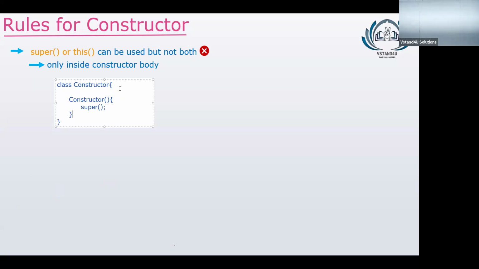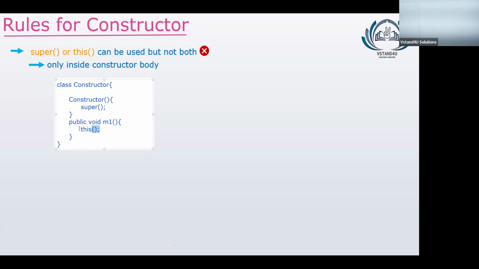But can I say I wrote a method? In this method body, can I make a call to this constructor call? Will this scenario work? No. Reason: read the second line, what is written in blue color. Only inside the constructor body.